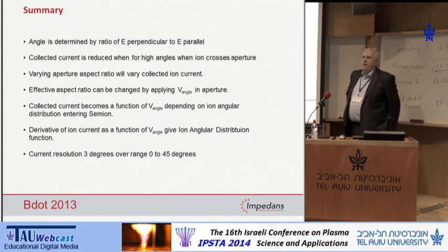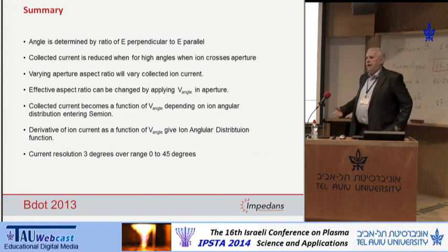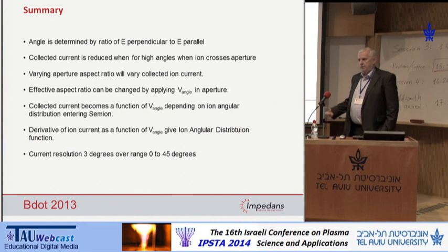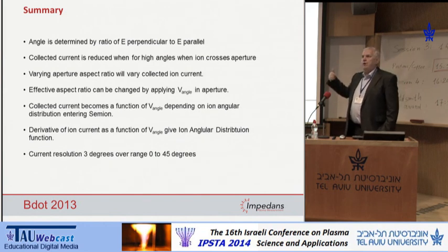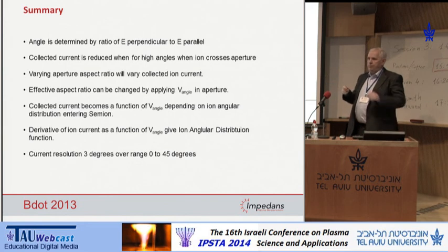Yeah, we have 2 issues. The first issue is secondary electrons created by ion impact on the surface. And we do get secondary electron emission. I didn't show it here, but we often include a 4th grid to prevent secondary electrons emitted from the collector leaving the collector.